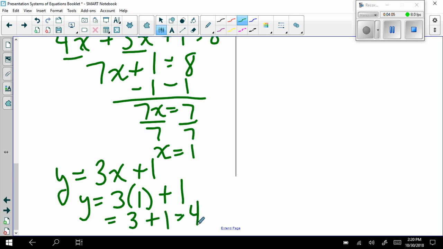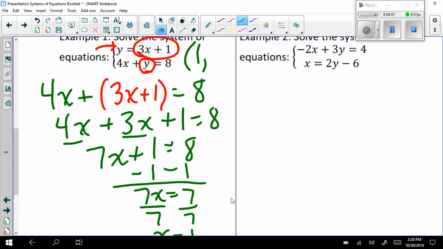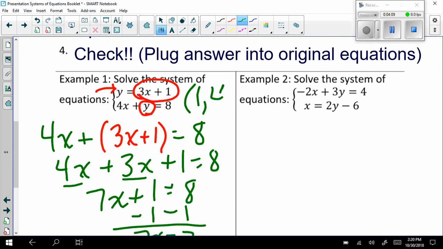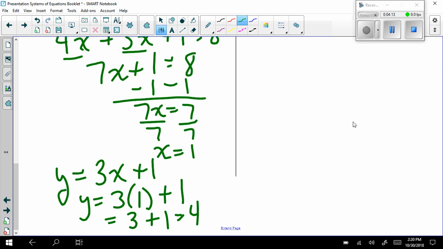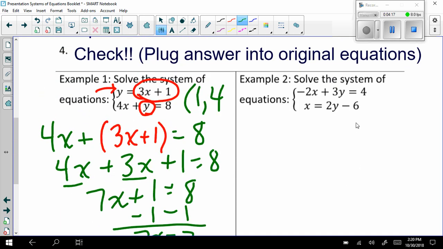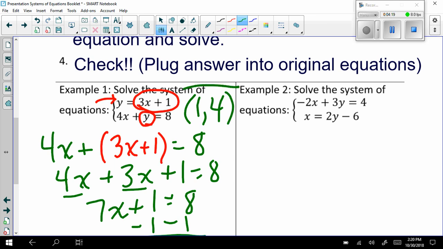So I get a y coordinate of 4. So my answer here is the point (1, 4), or I could say x equals 1, y equals 4.